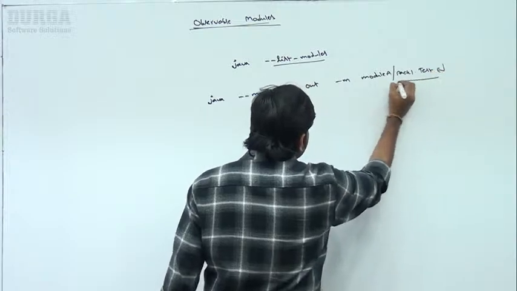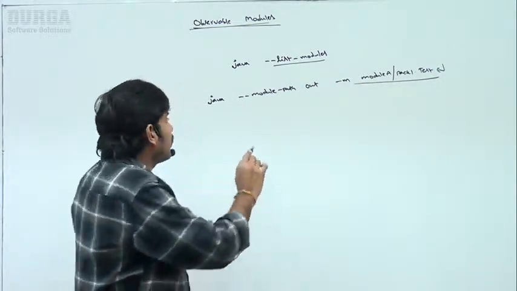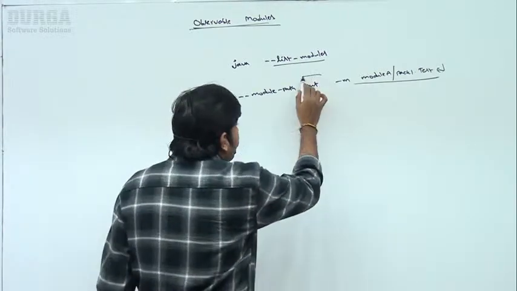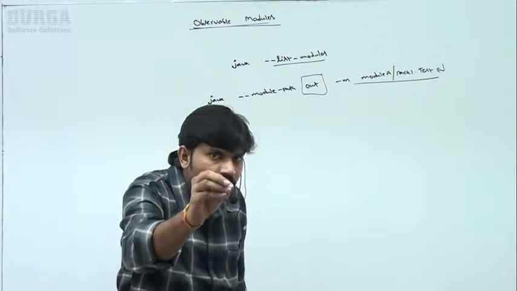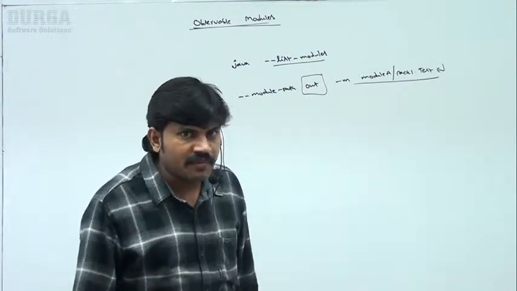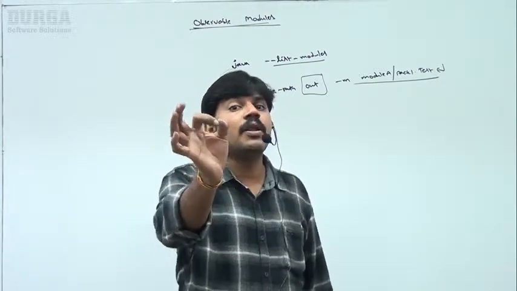In the last example, several times I used this type of command. Now I'm telling the JVM, if you require any module, please find it from out. Means, the modules which are present inside out, are they available to the JVM or not? Yes, automatically these modules are also observable modules.